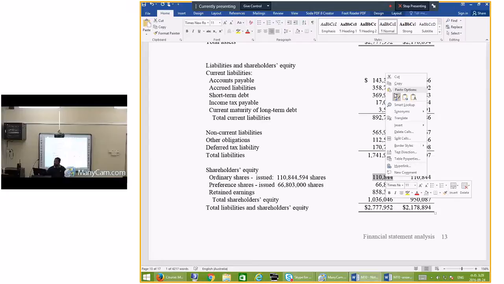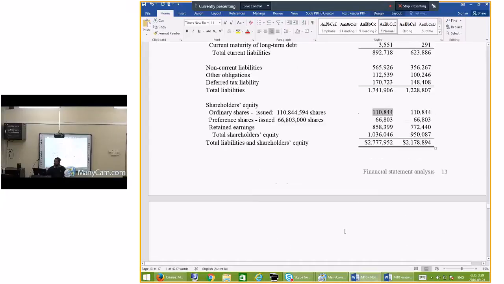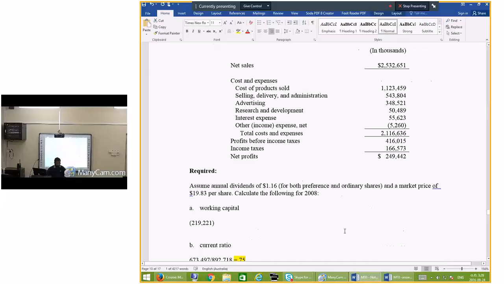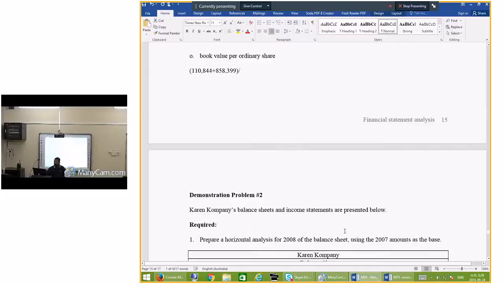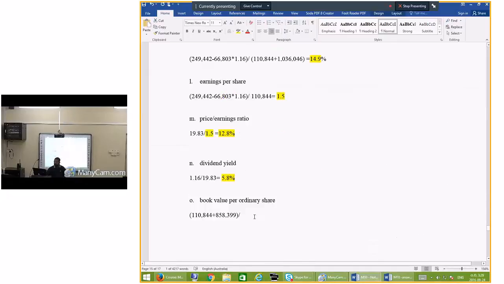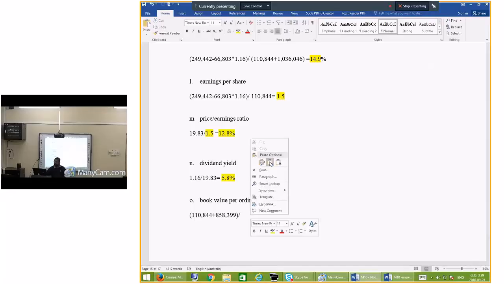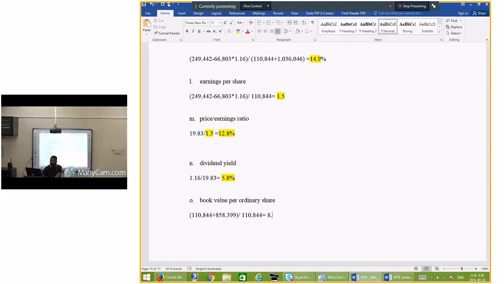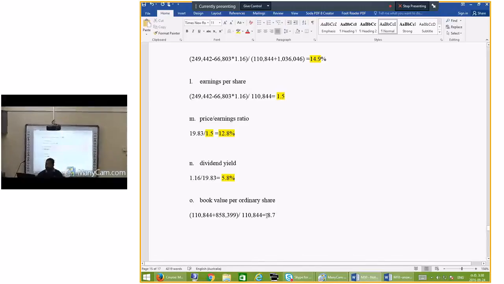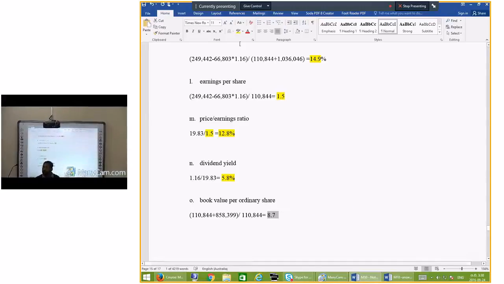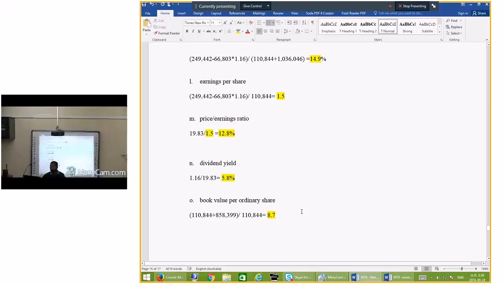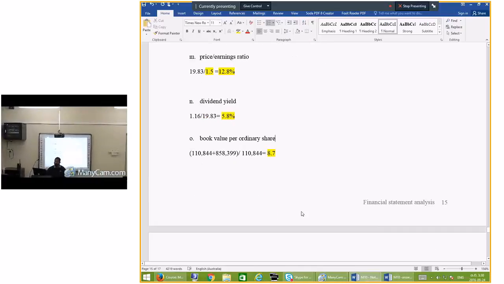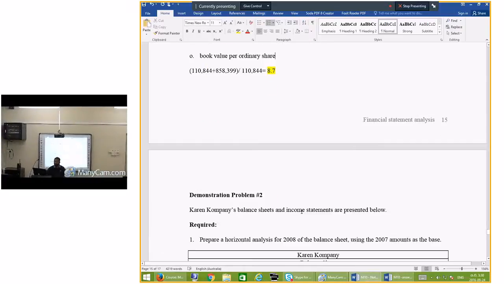Then you can calculate the yield. Book value is closely 8.7. That's all.